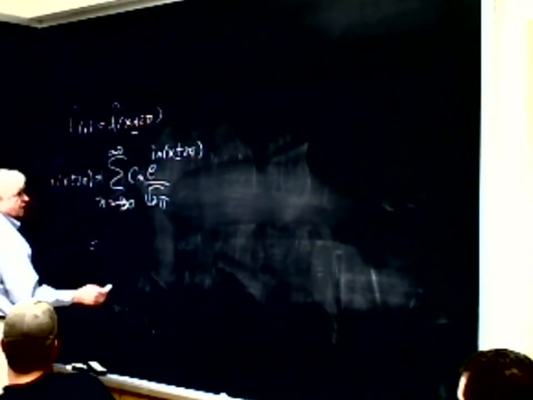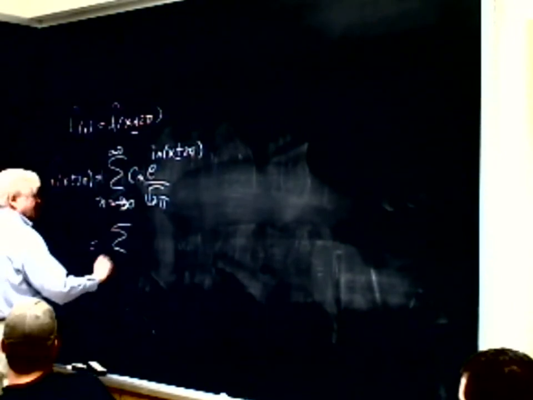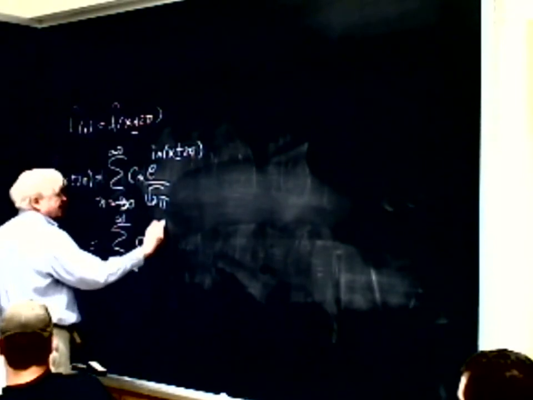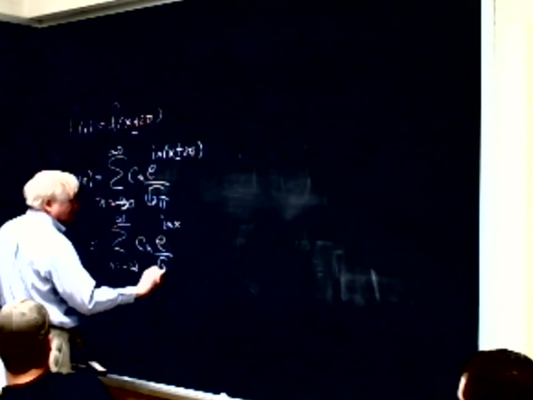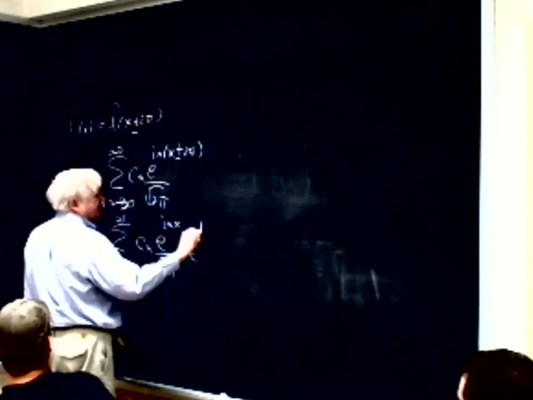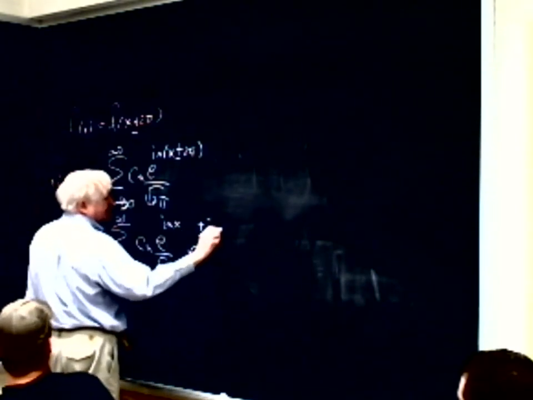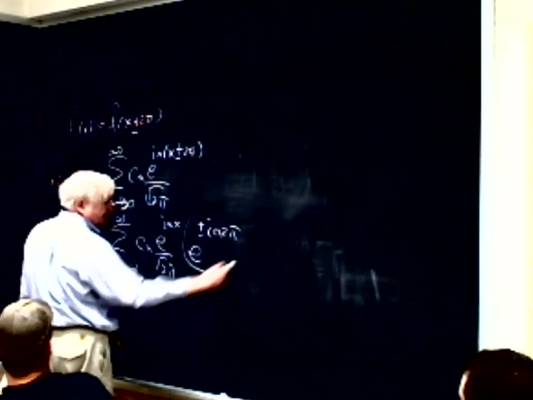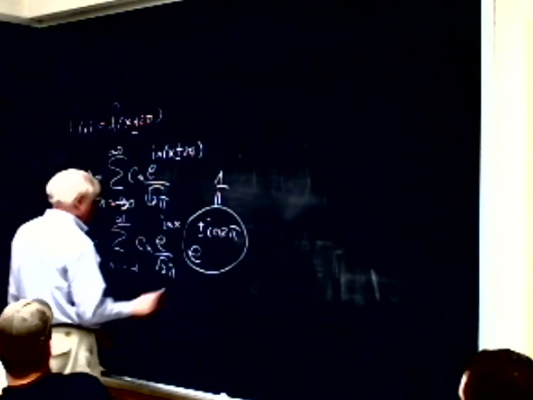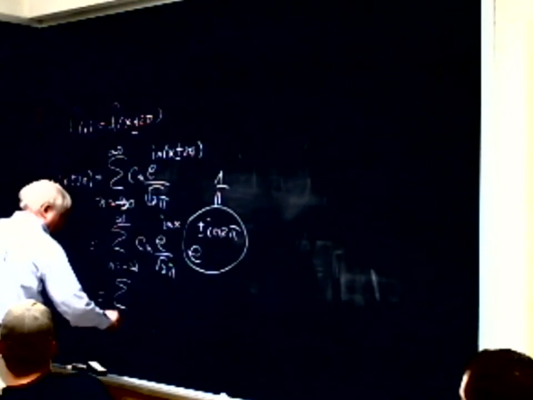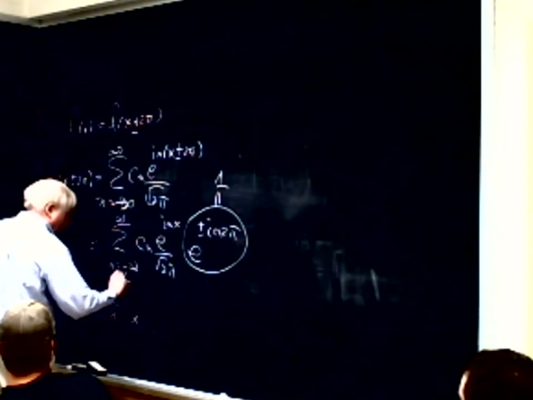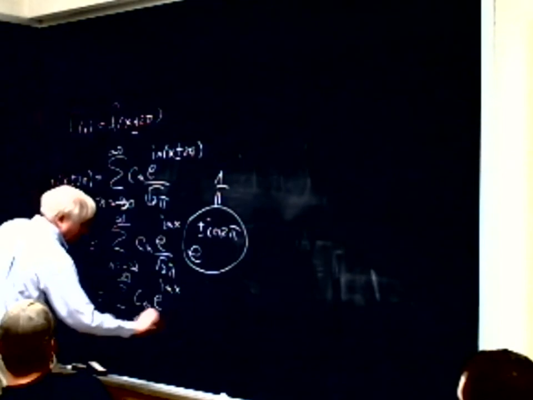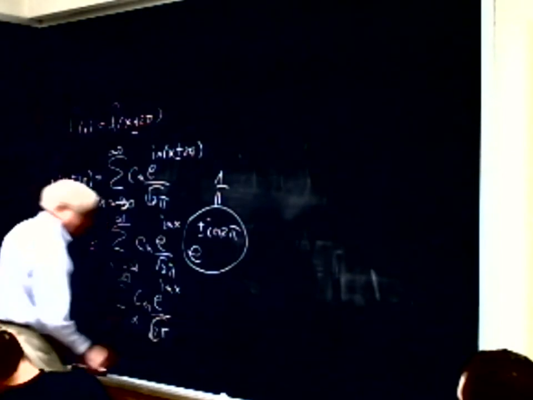But this is just equal to the sum n equals minus infinity to plus infinity c sub n e to the i n x over root 2 pi times e to the plus or minus i n 2 pi. But n is an integer, and so this thing here is all equal to 1. So this is just the sum n equals minus infinity to plus infinity c sub n e to the i n x over root 2 pi.